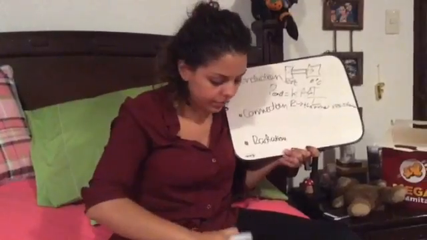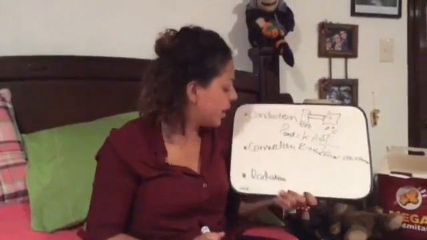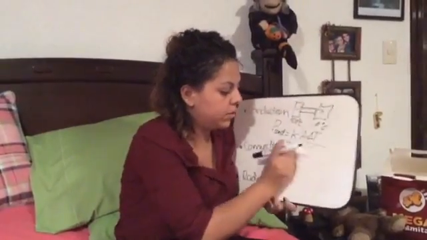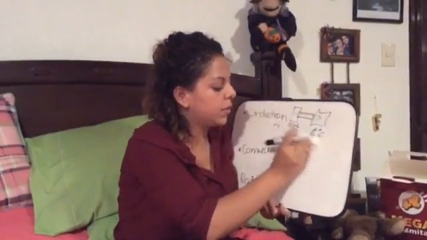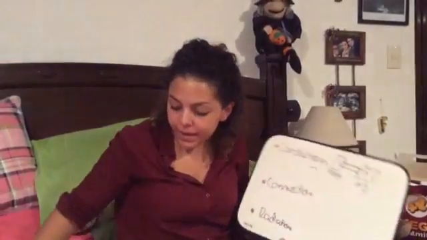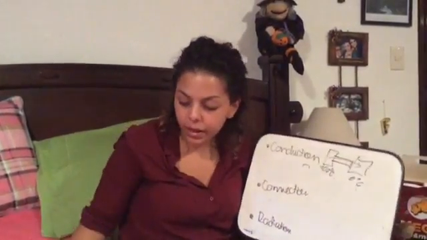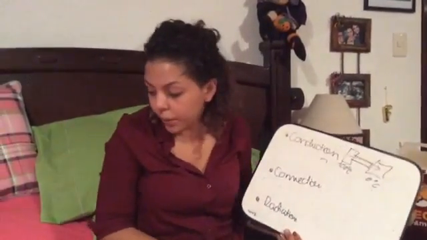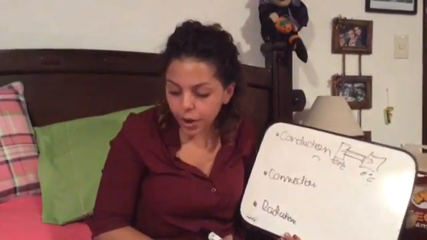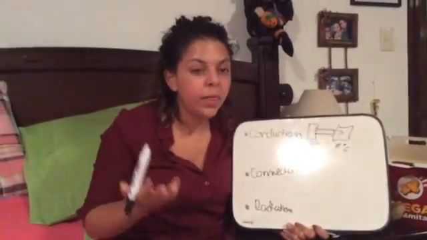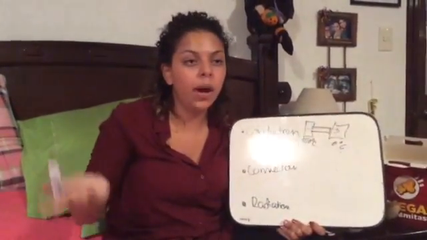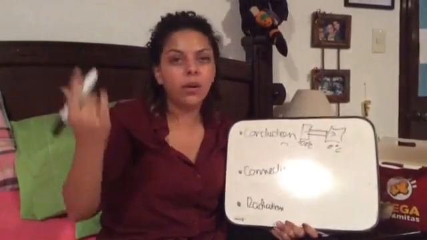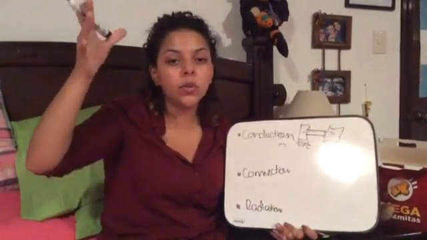Besides that, we can also have a form called convection. I'm going to erase this part here so we can understand it better. Convection is mainly the principle behind, for example, air conditioning. What happens in convection is that the heated air tends to go above. Whenever that heat goes to the upper part of this room, for example, the colder air will go below.